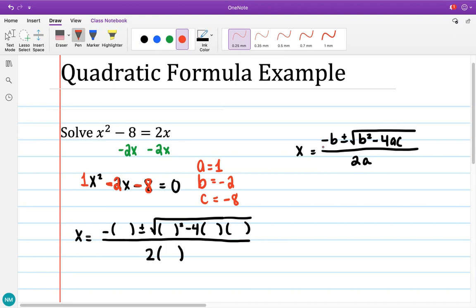So this is b, right? Negative b, b is negative 2. x equals negative b plus or minus the square root of b squared, negative 2 again, minus 4ac. So we have 1, a is 1, c is negative 8, and all over 2a, a is 1.